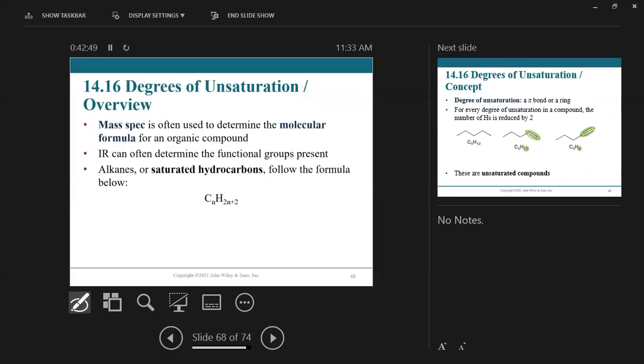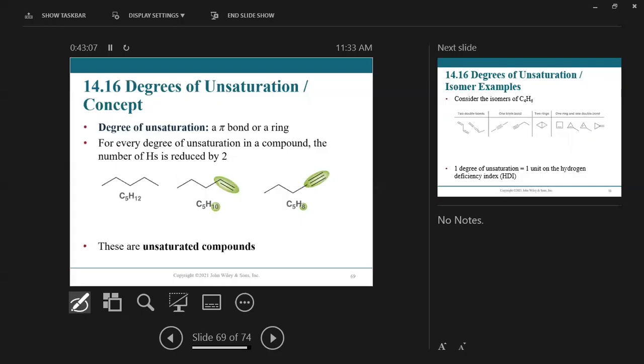Mass spectrometry is often used to determine molecular formula. For saturated hydrocarbons, follow the formula below. If you put 1 here, you get C1H4. That's methane. Unsaturated would mean we'd have some type of double bond. So degree of unsaturation, a pi bond or a ring.